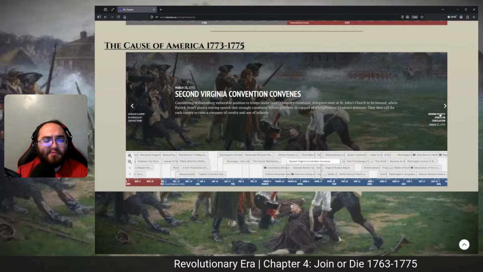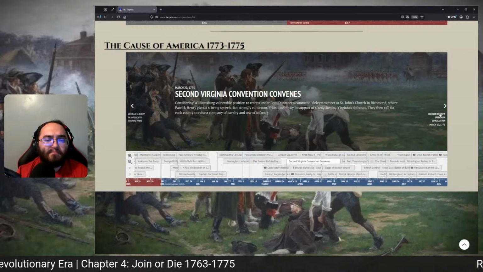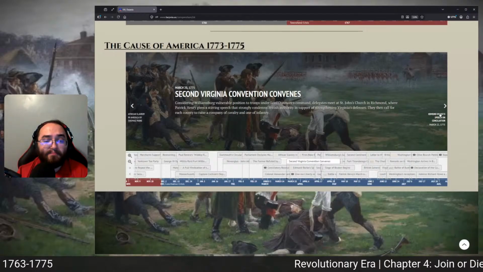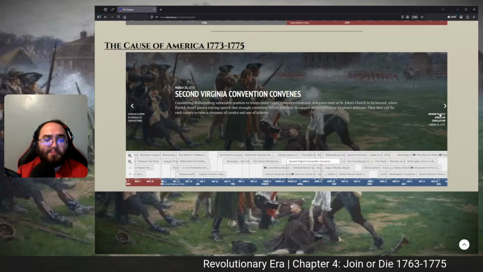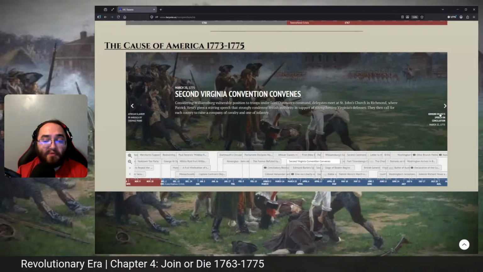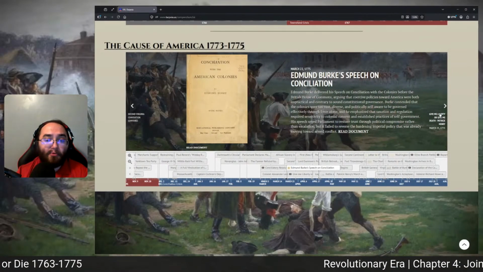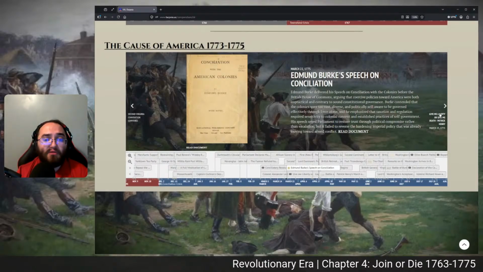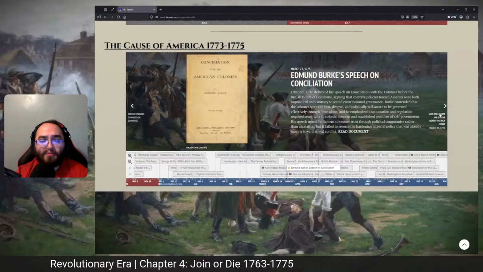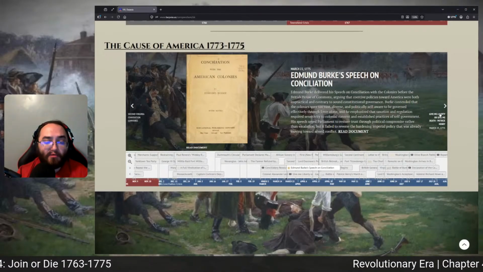Then you have the Second Virginia Convention, which convenes at St. John's Church in Richmond, Virginia, where Patrick Henry gives a stirring speech that strongly condemns British authority in support of strengthening Virginia's defenses. Edmund Burke, a member of Parliament, will give his speech on conciliation, on whether or not Parliament can actually move forward with reconciling with the American colonies peacefully.